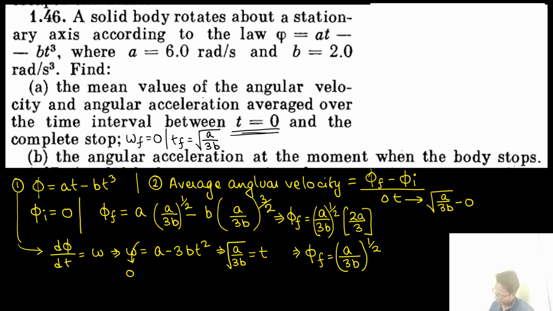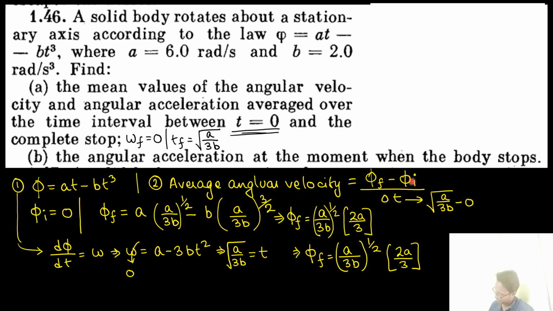So (a by 3b) to the power 1 by 2 into 2a by 3 is the final angular displacement. Now can I substitute the final angular displacement out here?